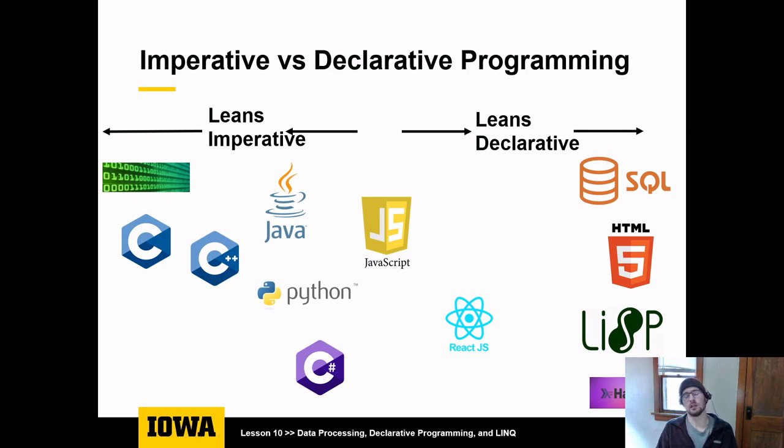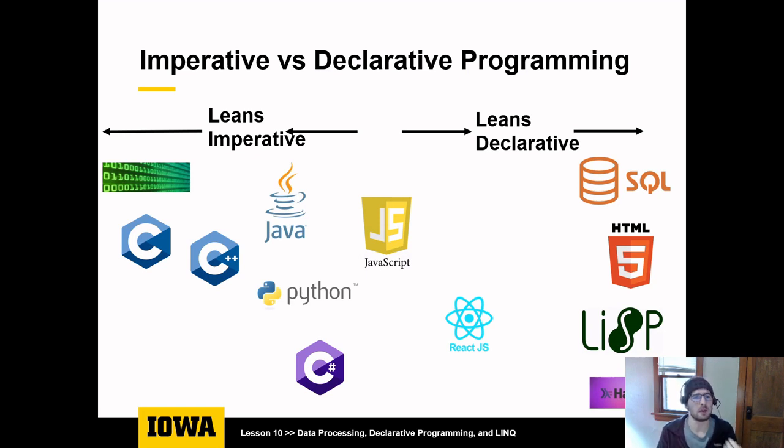So, these languages are working directly with the computer, telling it how to do every little step. They're low-level programming languages, and as such, they end up being very imperative. You have to be very explicit about what you want the computer to do, because the computer can't think for itself. So these are very imperative, and then we kind of have this middle ground.